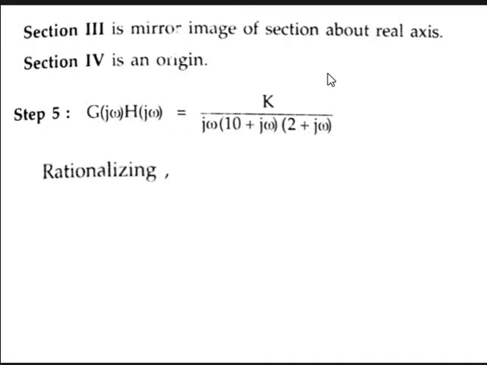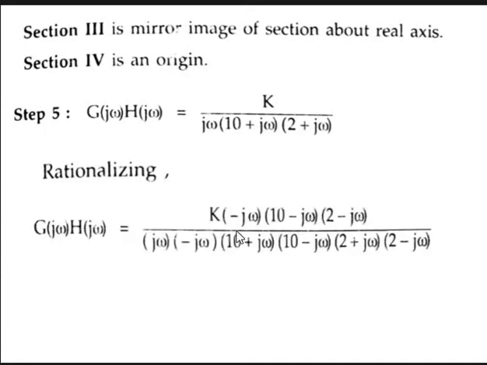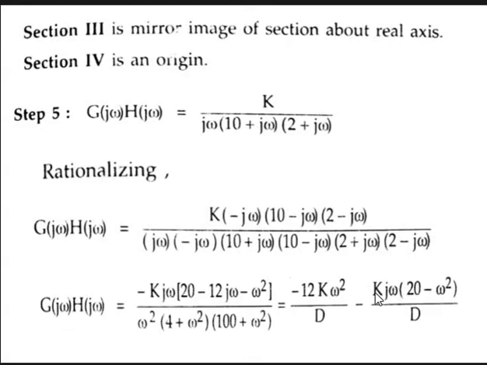So the rationalization of this function: K by j omega into minus j omega, 10 plus j omega into 10 minus j omega, 2 plus j omega into 2 minus j omega. The numerator and denominator are both multiplied with minus j omega, 10 minus j omega, 2 minus j omega. After multiplying, we get the function like this.